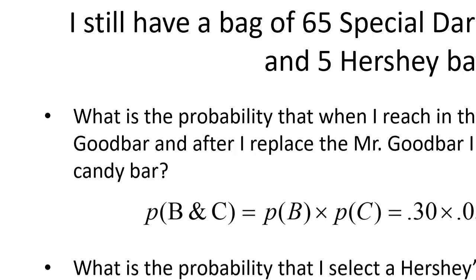So in order to do that, there's 2 ways that it could happen. It would be we'd select the Goodbar first and Hershey's second, or we would select the Hershey's first and the Goodbar second. And they both have the same probability, but there's 2 orders by which that could occur.